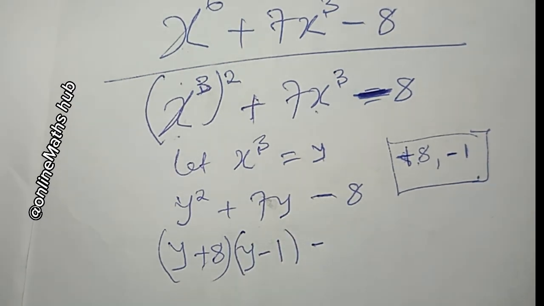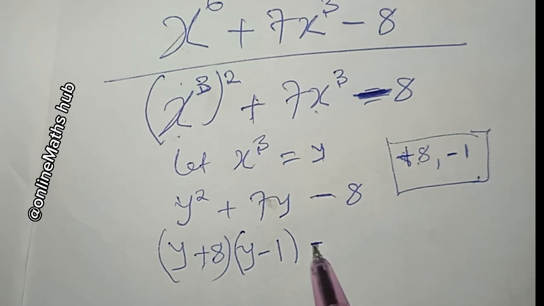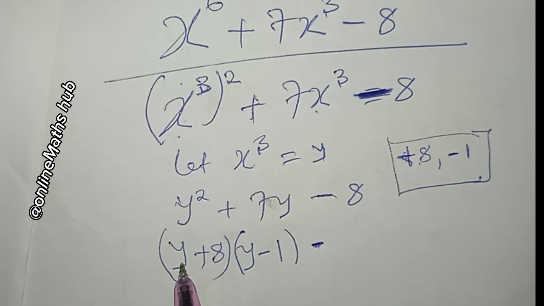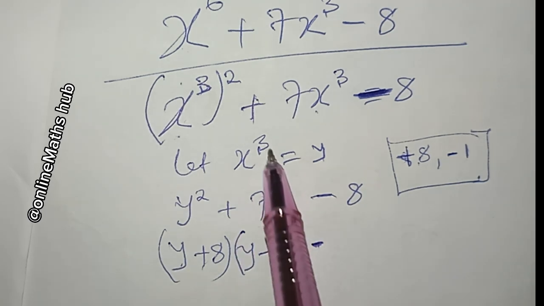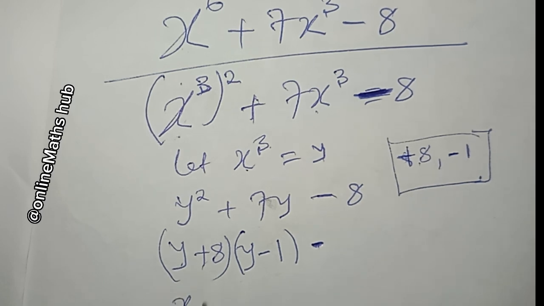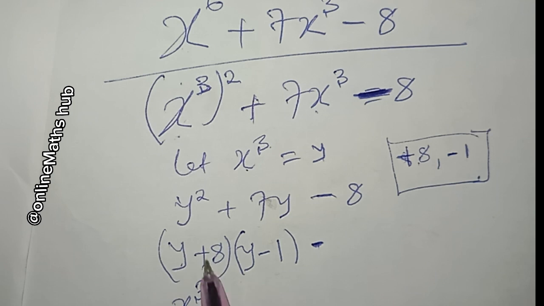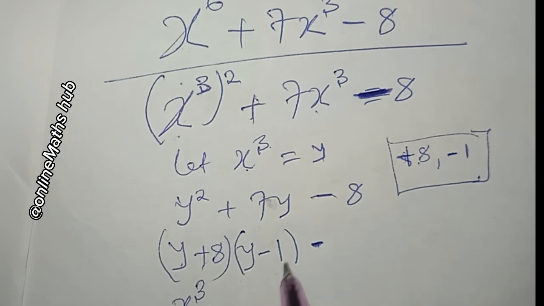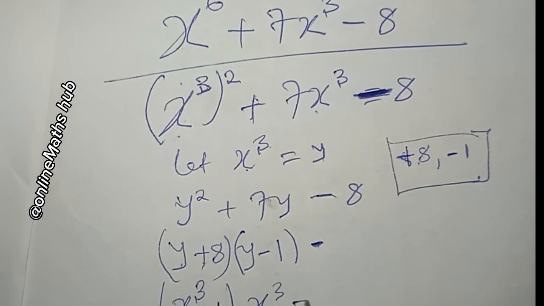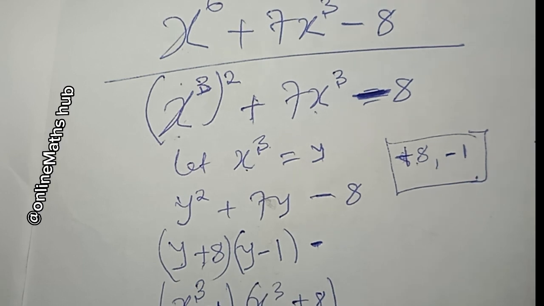But I've actually set y to be x power 3, so I'm going to replace it. I'm writing this one first, x power 3 minus 1, and then x power 3 plus 8.